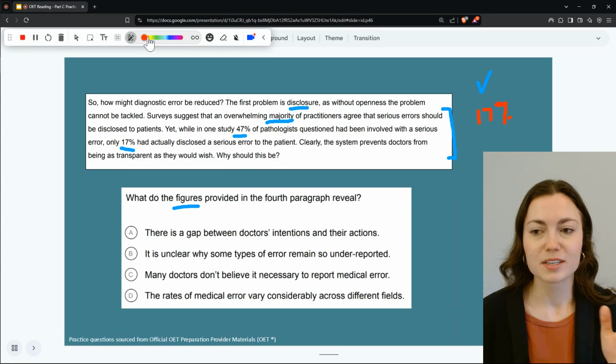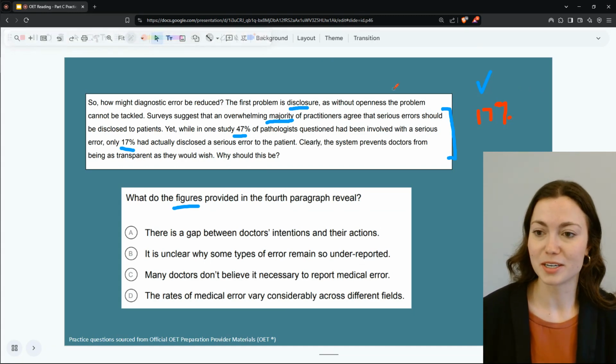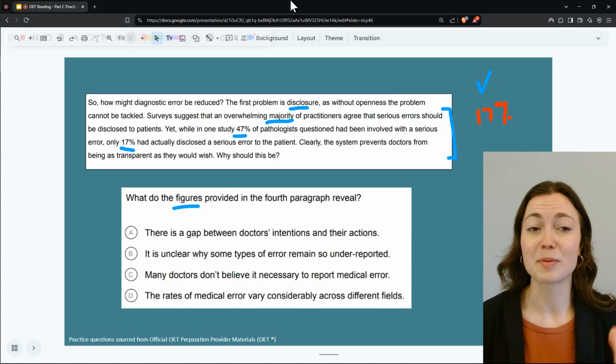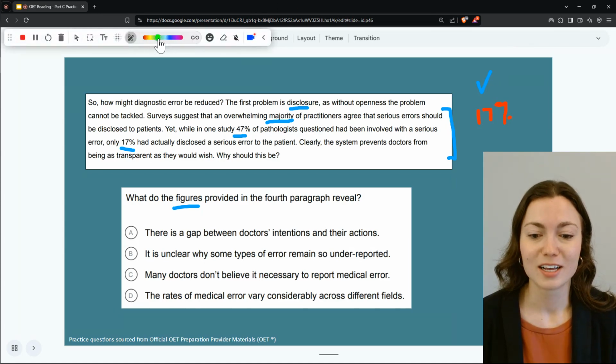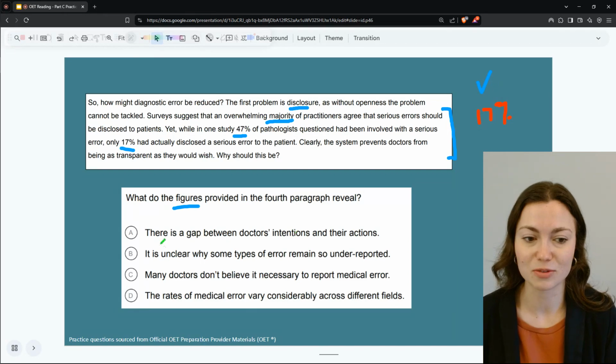Now, with that, we can see the discrepancy, right? A lot of people think you should do it, but how many people actually do it? So when we're looking there, that should immediately point out that large discrepancy or difference.